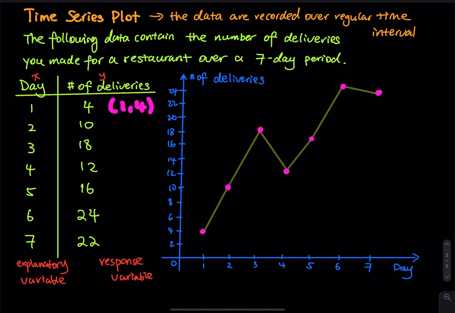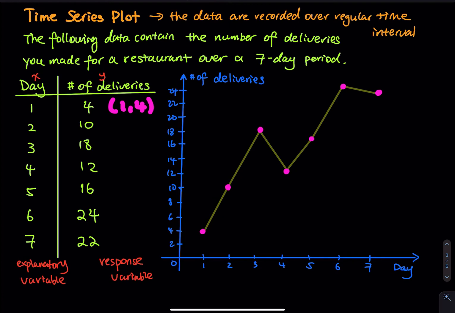But this is optional. You can connect them or you don't have to, but I suggest you do this because that distinguishes the difference between a regular scatter plot and a time series plot. It won't take you too long. Just connect the dots. All right, so that is the end of the first example.